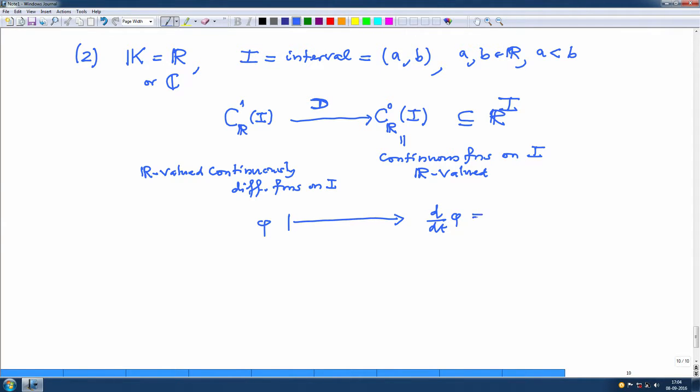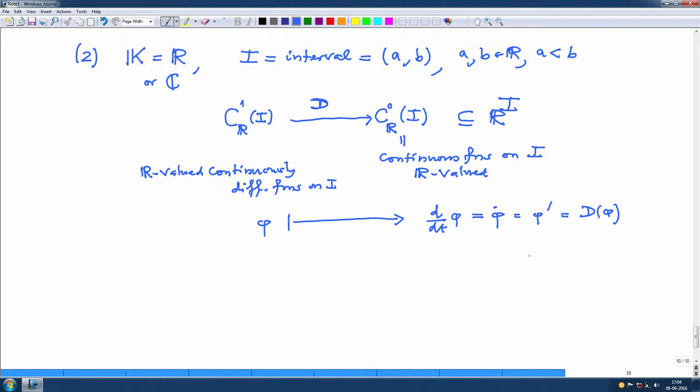Different disciplines in science or engineering denote it in different ways. For example, I have seen the notation phi upper dot t, the differentiation of phi, or phi dash, or of course d dt, and I am going to use D of phi.